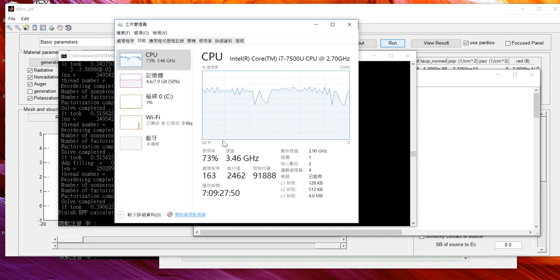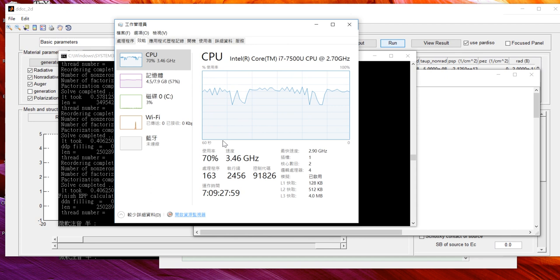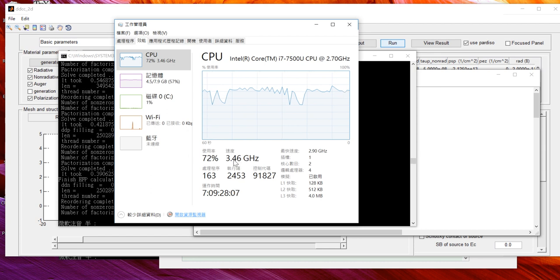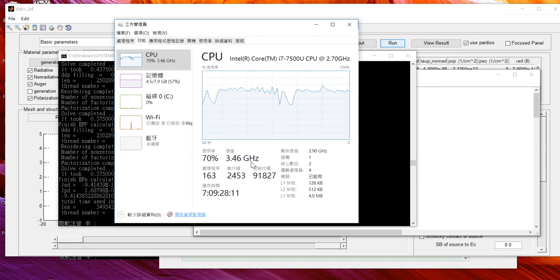I remember that he told me turbo boost is 3.1. It's 2.7G, and he told me turbo boost goes to 3.1G. But right now it shows 3.4. You have the overclock.